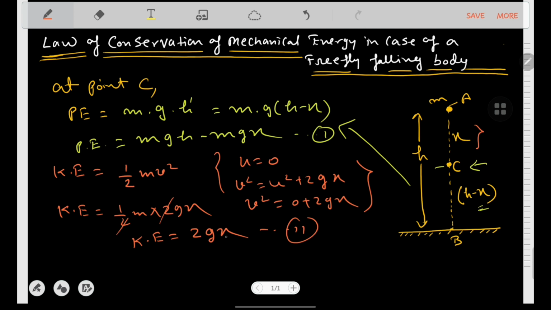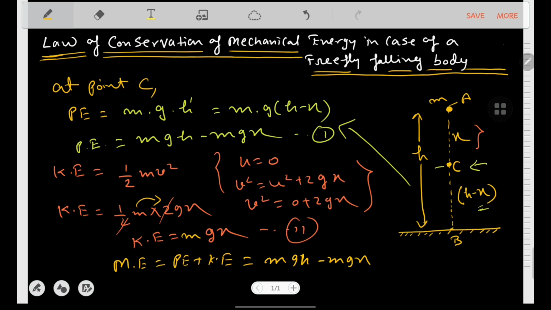The KE value we found, but finally we need to find the mechanical energy, and that mechanical energy is equal to PE plus KE, potential energy plus kinetic energy. Again we can write from equation 1 and equation 2: mgh minus mgx, plus the kinetic energy value mgx.